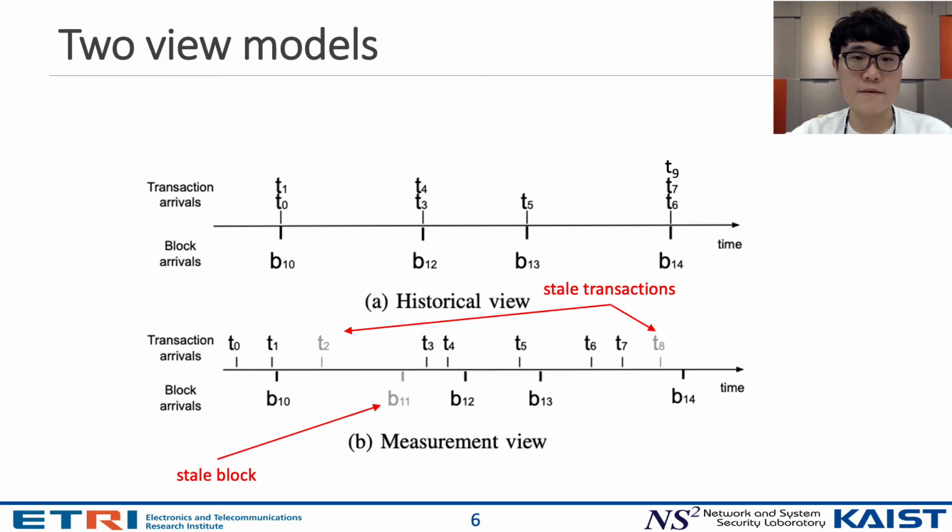Furthermore, there can be transactions we find in blocks but never observe across the network. And also, as a transaction does not have an individual timestamp, we cannot get a sense of when this transaction is ever initiated. To recap, there are such discrepancies in terms of block and transaction events in two different view models, and that's why we need a measurement.